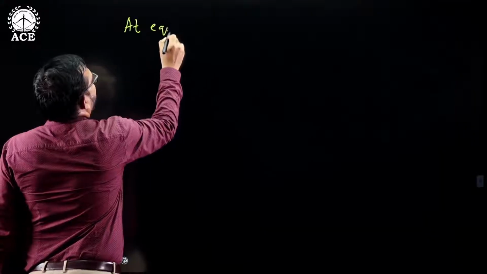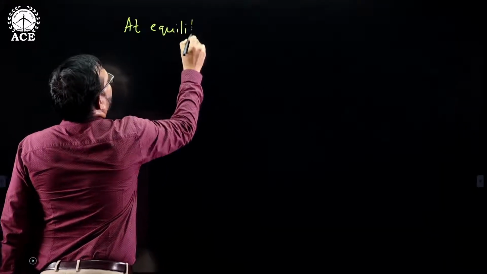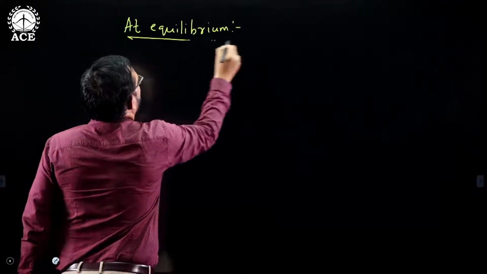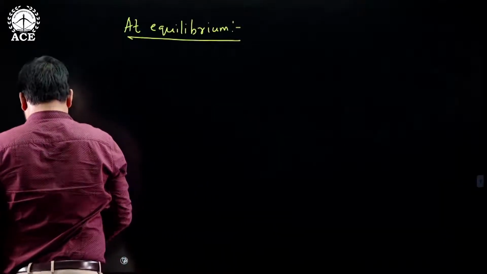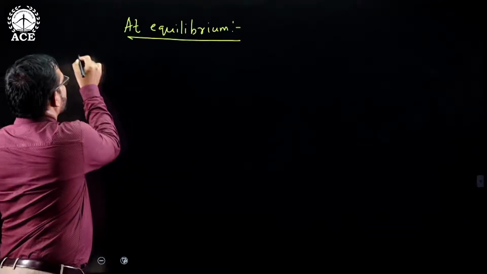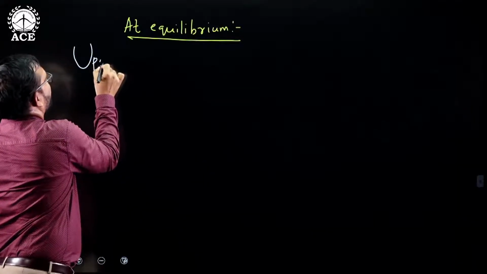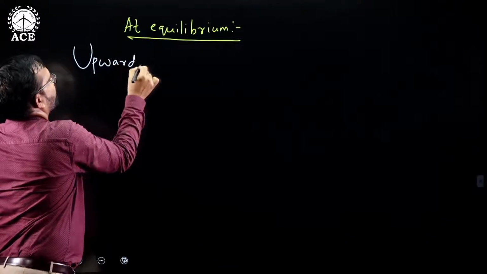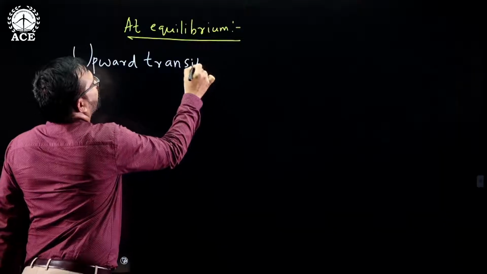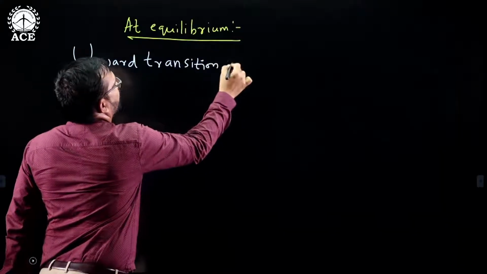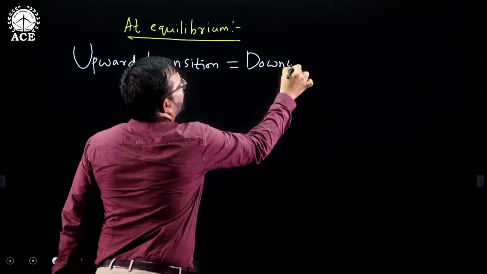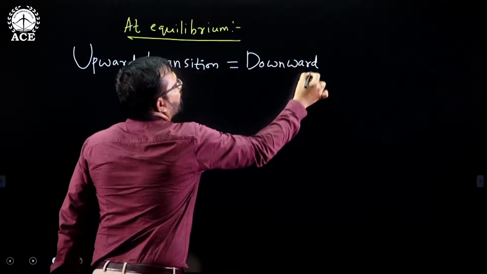At equilibrium, what is equilibrium? Upward transition is equal to downward transition.